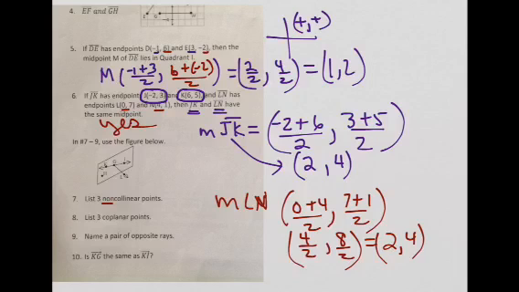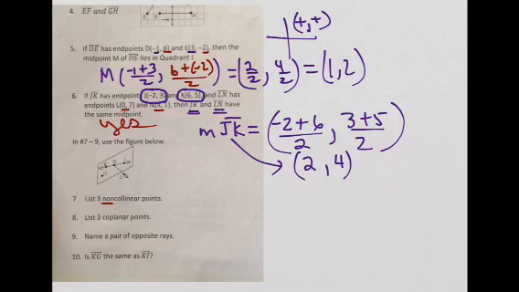Let me erase the board a little bit. Okay, so there are several combinations. I could say points H, K, G. These are 3 points that are not collinear.